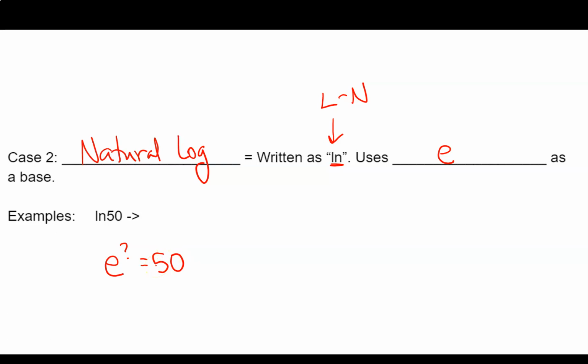I don't know what that is, so I'm going to use the calculator. You should see a button on your calculator that says LN. So LN 50 says that we would have about 3.912.